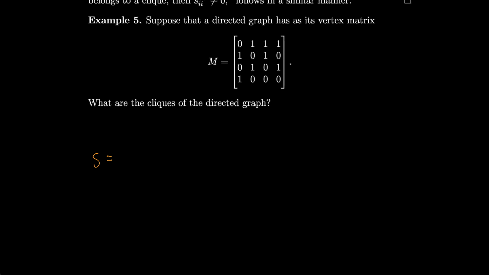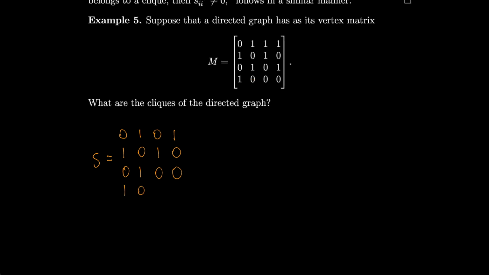All the zeros will stay, so the top left 0 stays. The first one stays, as we saw, but then there's a 0, and this last one will stay because if this was D, then A goes to D and D goes to A. So that one will stay. So we'll have 1, 0, 1, 0. Then we'll have 0, 1, 0, 0, because C goes to D, but D does not go to C, as we could see.